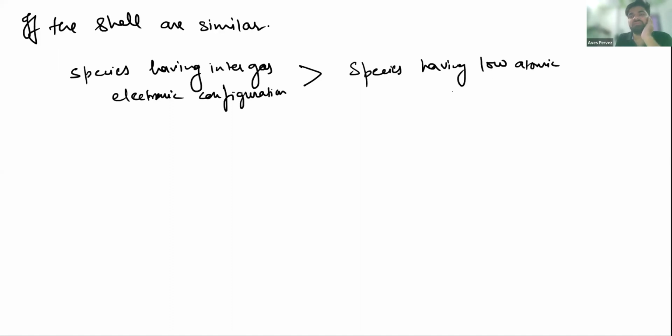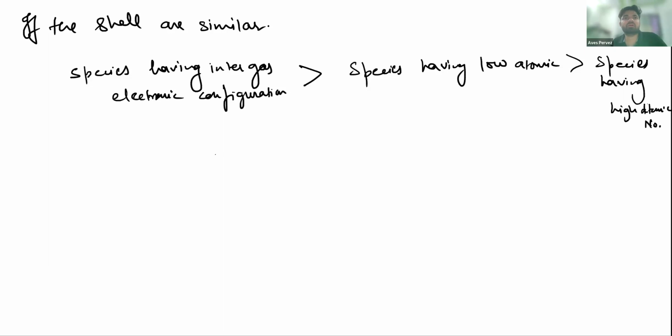The one with the higher atomic number will be the smaller one.